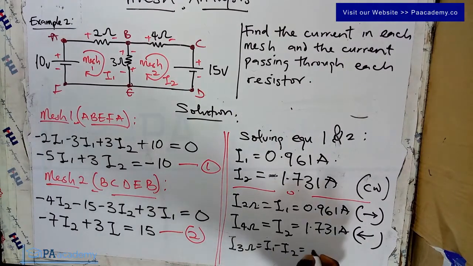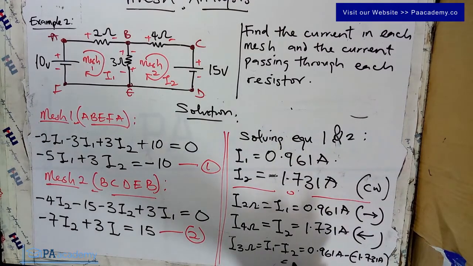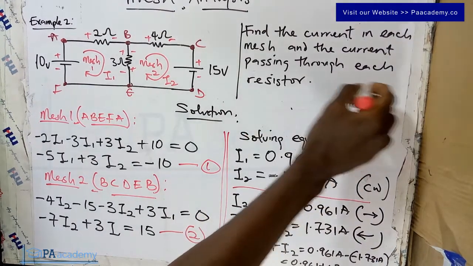So that will be 0.961 amperes minus minus 1.731 amperes. So if you simplify this, it will give us 0.961 plus 1.731 amperes. So by the time we calculate this, all right, because of my space, let me continue here. Let me just indicate that here.